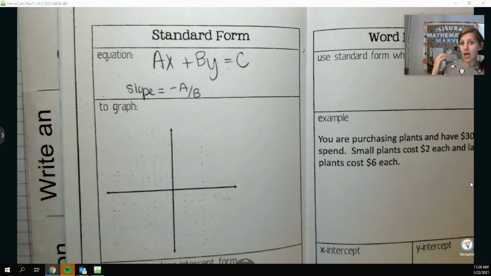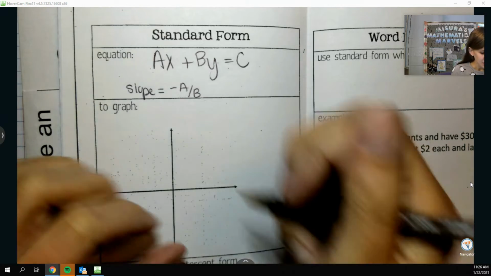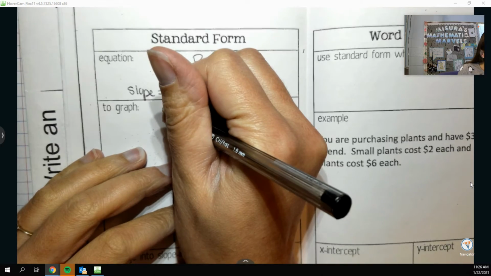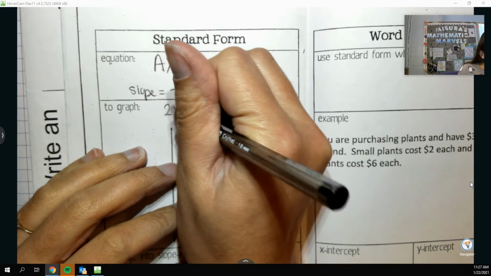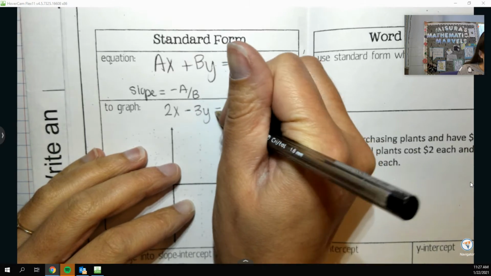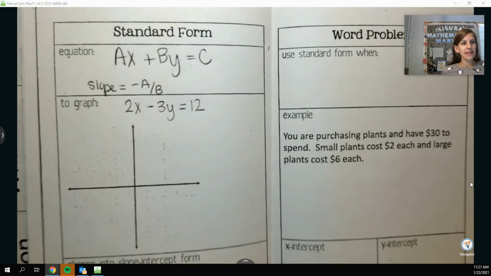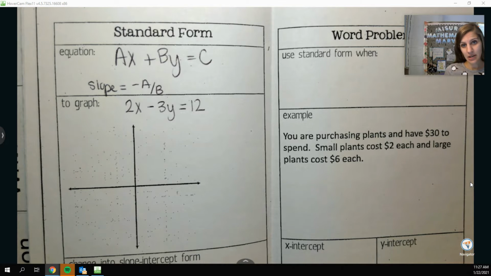Okay, so one thing we want to be really good at when it comes to any equation of a line, but also standard form, is how we graph it. So let's say, for instance, we had the equation 2x minus 3y equals 12. That is a line in standard form.